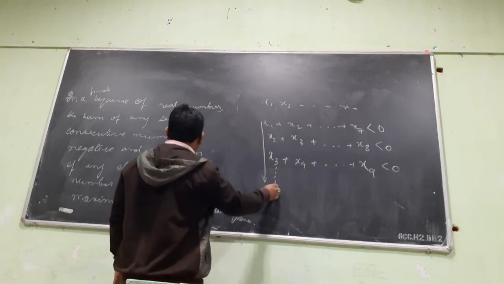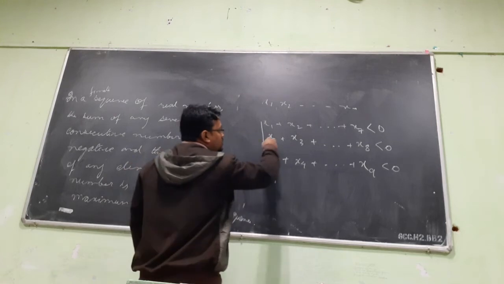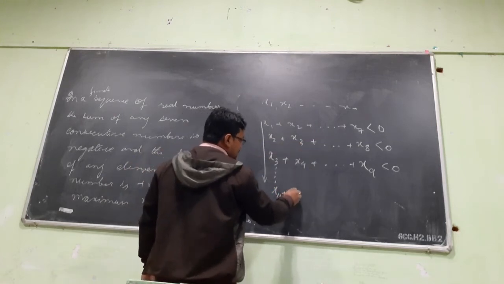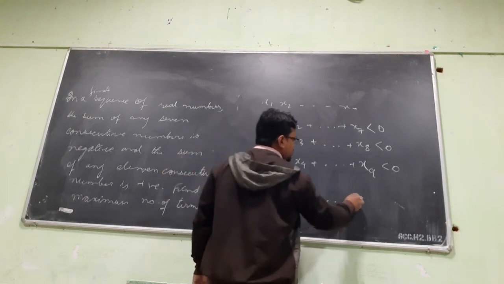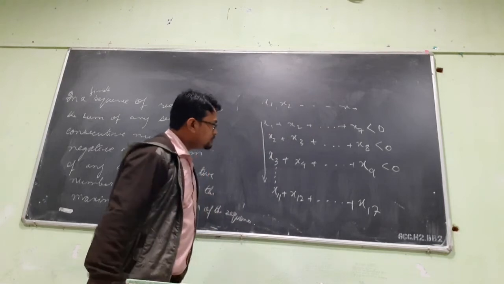And we know that the sum of 11 consecutive terms is positive. So you keep on continuing this way and come to the 11th one here, x11 plus x12 plus up to x17.